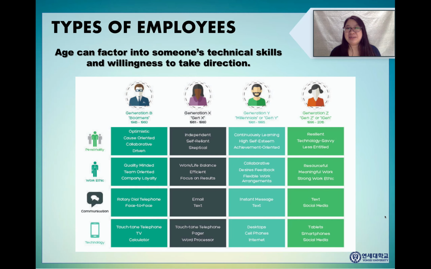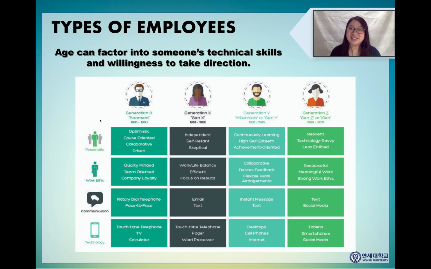We can also think about the employee's age. In North America, they use these terms to generally describe people who are in different age groups. So if you look at this chart, you can see how they're described. And each generation has a different type of personality. So for example, the oldest group on this chart, boomers, they tend to be more traditional and they follow more concrete processes.